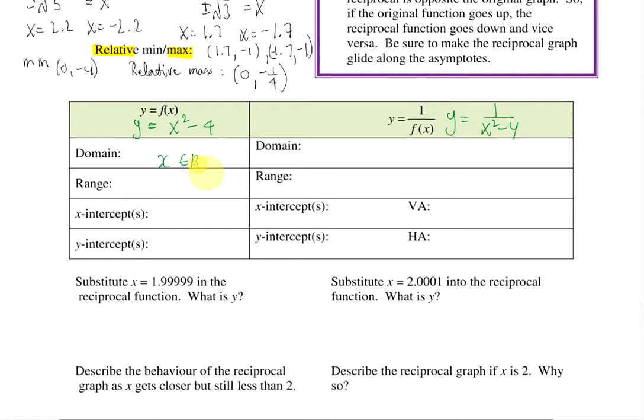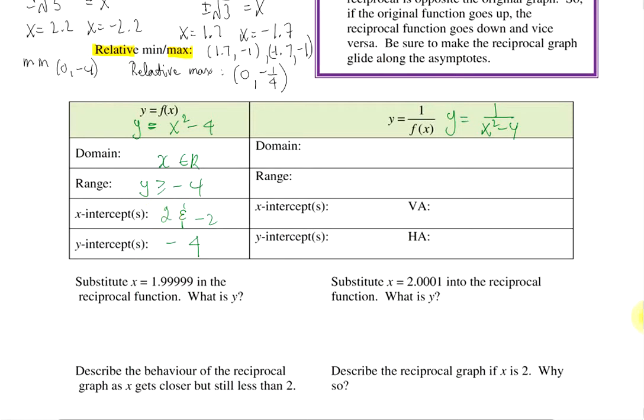Because we have a parabola that opens up and our vertex is at (0, negative 4), we have a range which is y is greater than or equal to negative 4. Our x-intercepts for our original function are at 2 and negative 2. And we have a y-intercept which is at negative 4, and it just happens to be our vertex point.